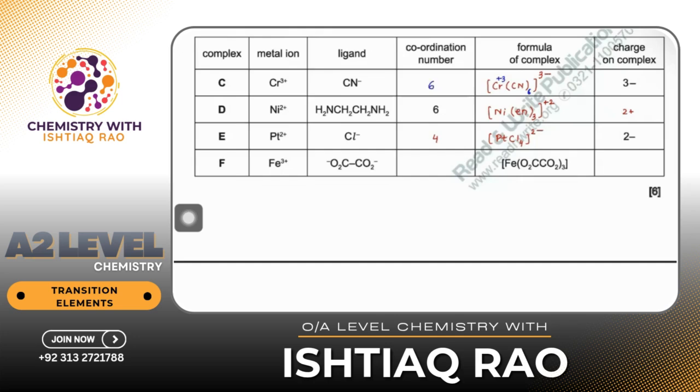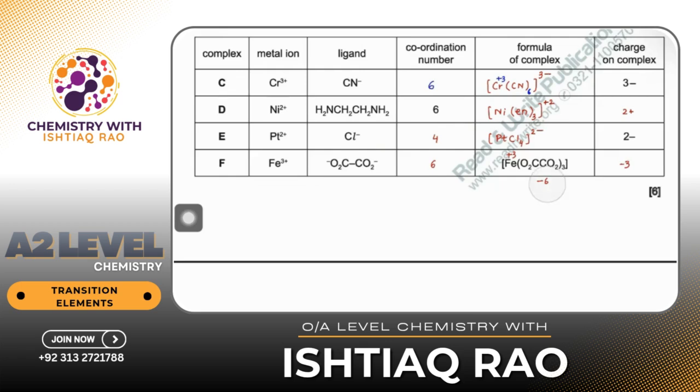Then for the last one, Fe. Since we know that this is a bidentate ligand, 3 ligands means that the coordination number would be 6. And since each has a -2 charge, -2 into 3 is -6 and iron is +3. So -6 and +3 is going to give you -3.